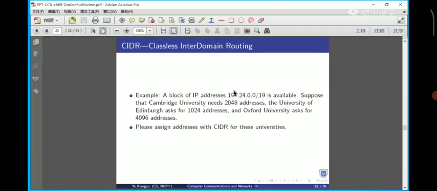For example, a CIDR block is given, and several universities applied for address blocks. If you are the ISP, if you are the address manager, then how to assign address blocks with the CIDR method.